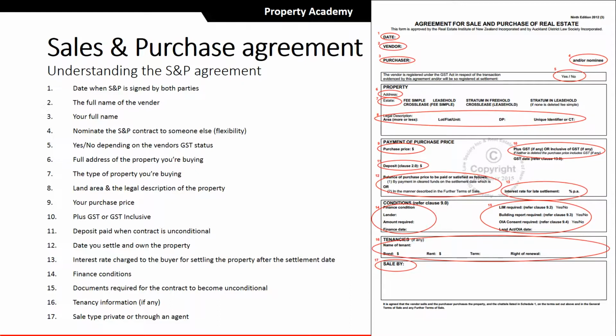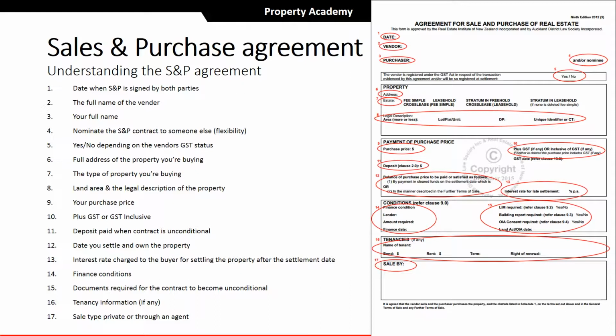So now we're just over halfway through the first page of the S&P, and we go on to number 14, which is the finance conditions, the conditional parts on an S&P where you can request certain information. But more in particular, number 14 is highlighted around finance conditions, and this is basically something you can put in as a buyer to say, yes, I need finance, and you can use it as an escape route, an escape clause, should you decide to not go ahead.